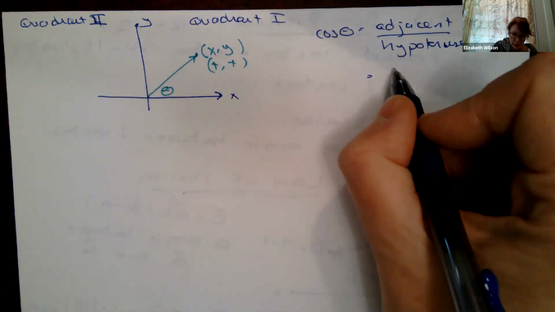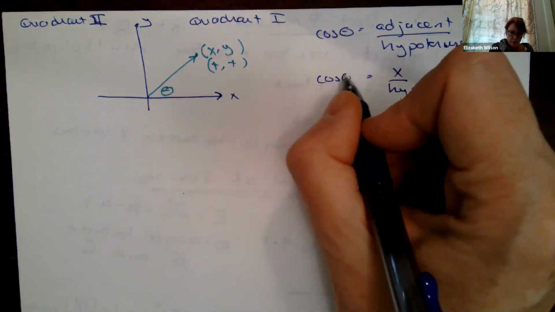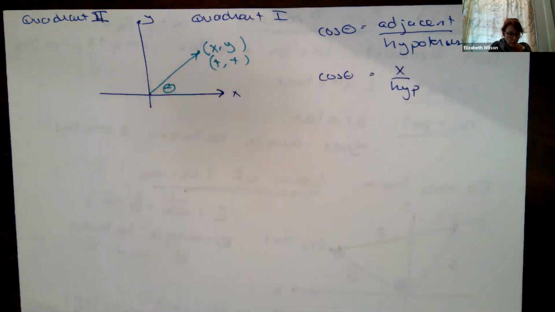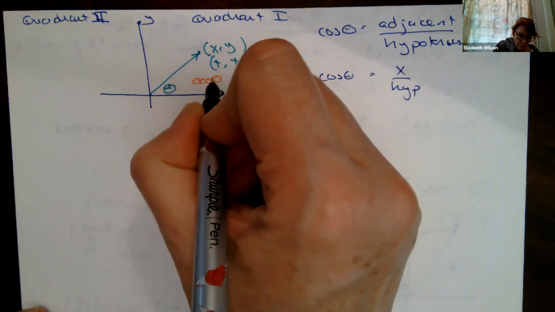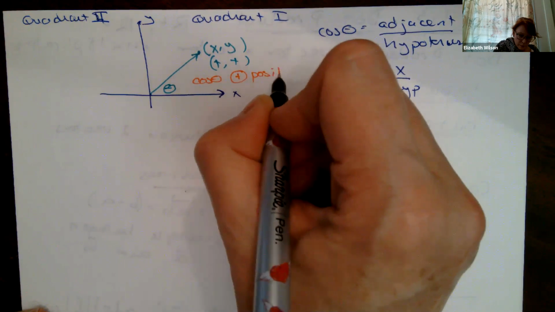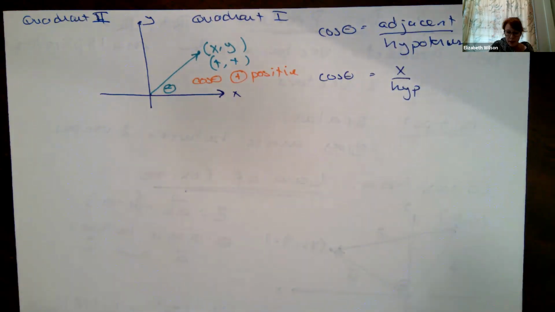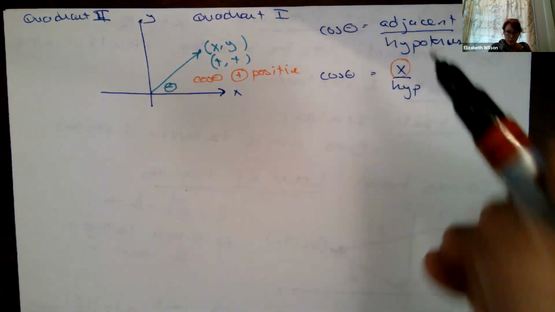This is going to be x over the hypotenuse, and that's equal to the cosine of theta. So when x is positive, my cosine is going to be positive. So the cosine of theta is a positive number in quadrant 1, and it's positive because it's based on my x, and x is going to be positive in quadrant 1.